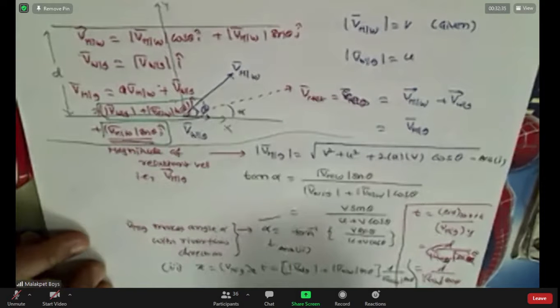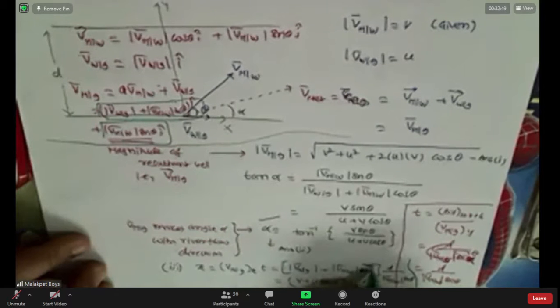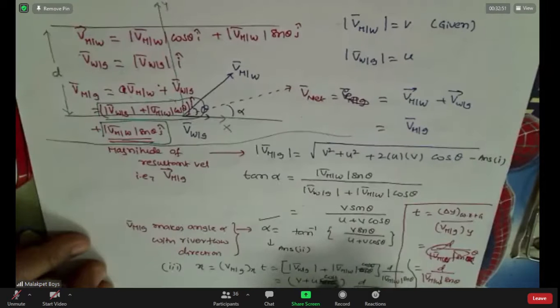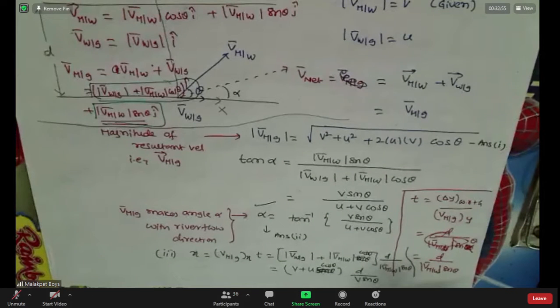This is nothing but V plus U sin theta into d by, just pause on. Any doubt till here?